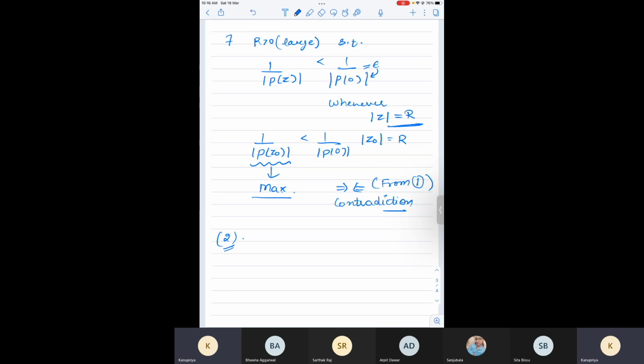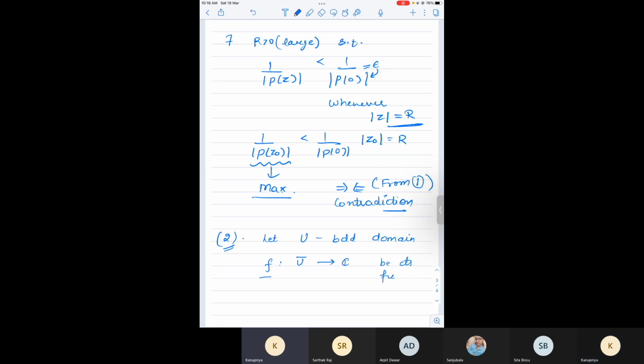The next question is an easy one. Let U be a bounded domain and f is some function from U closure to C. This f is a continuous function, in fact analytic on this bounded domain U, and also non-constant.